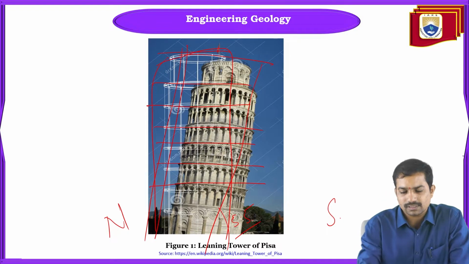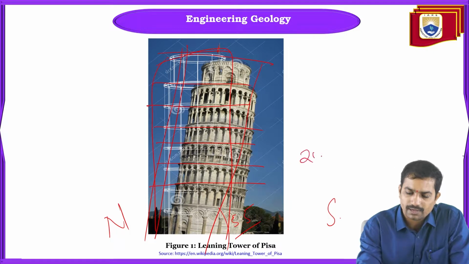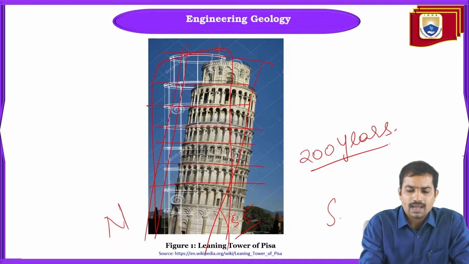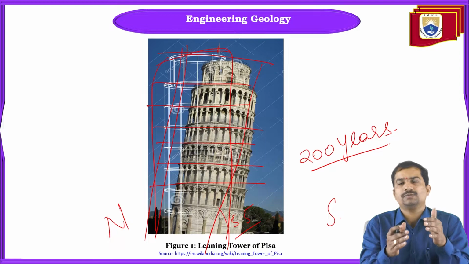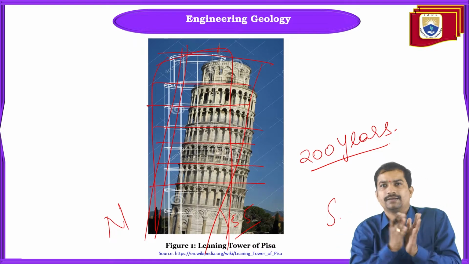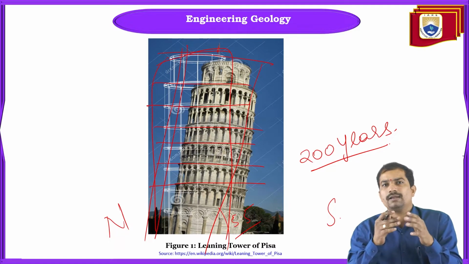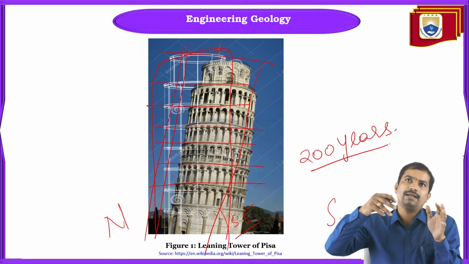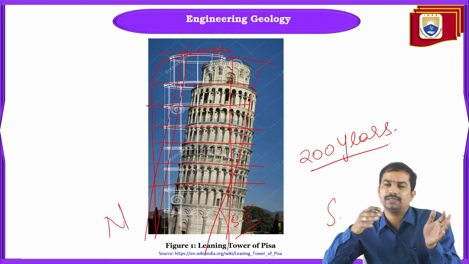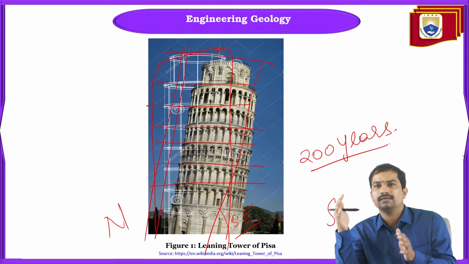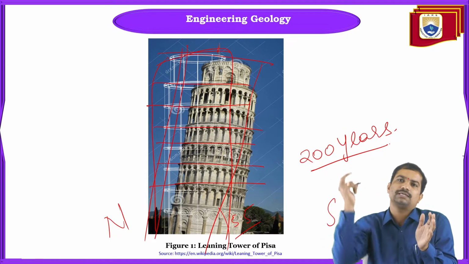This total structure was constructed over 200 years. As the construction proceeded to the higher levels, the structure gradually started tilting. It was around the 1800s, and up to 1990 the construction continued, and over around 199 to 200 years the complete structure was constructed.